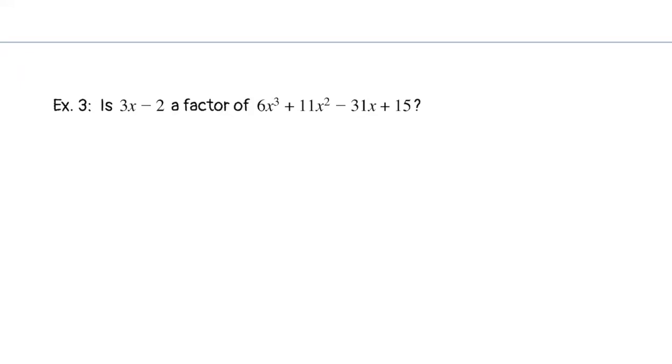Which one of these is the dividend? And you can just say the first one or the second one. Yeah, this one is like our 45, okay? This is our dividend. What is our divisor in this case? The first one. Yeah, so this 3x minus 2 is our divisor.